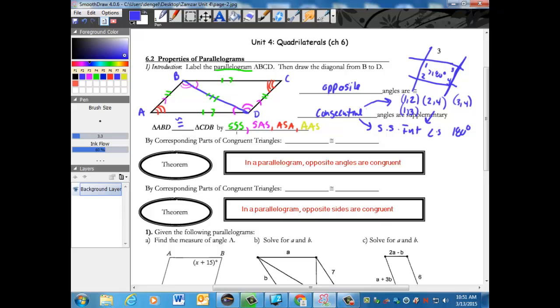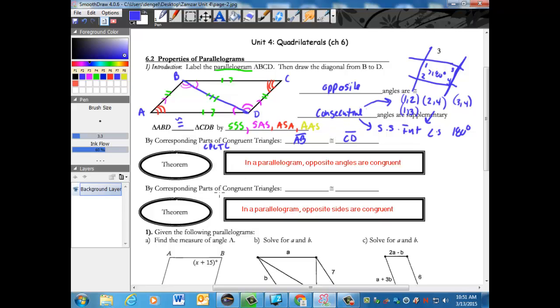Moving back to our triangle, let's change this to CPCTC, because that's really what this is saying. By CPCTC, I can now say that segment AB is congruent and equal to CD.